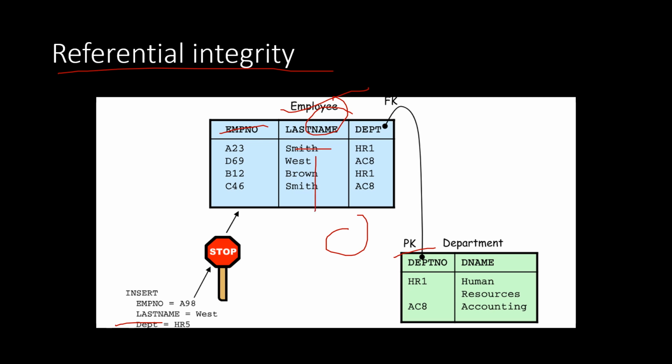Here in department we have HR1, AC8, but there is no entry for HR5. So referential integrity, or in short RI, is enforced on the parent and child relationship, which ensures that the data in the tables is consistent.